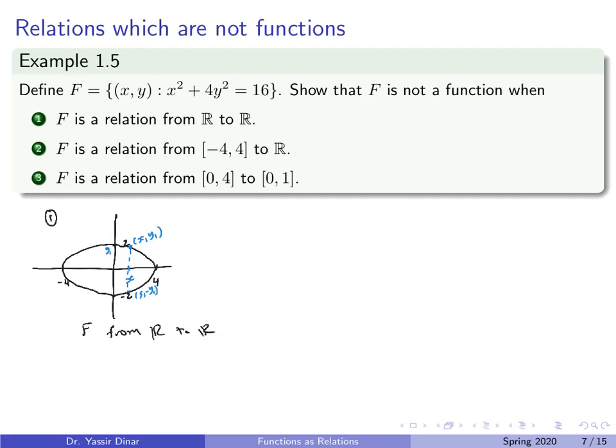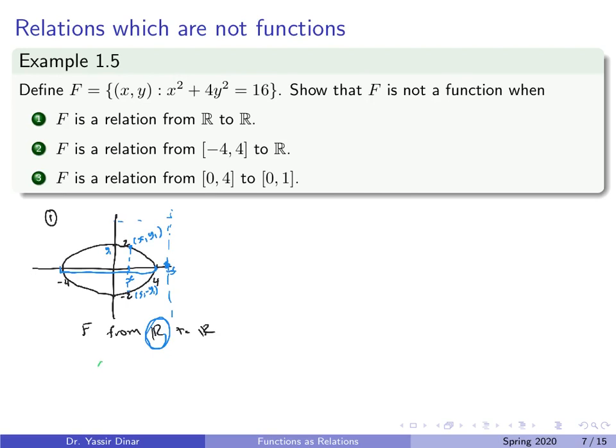But if x is outside the interval from -4 to 4, we cannot find any element y such that (x, y) is on the curve of my relation. This implies that the domain of this relation is not all of the set R.